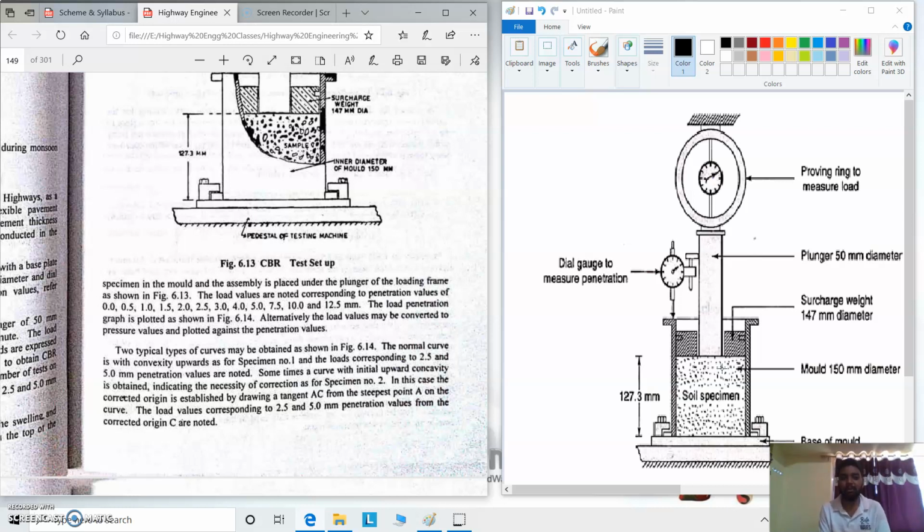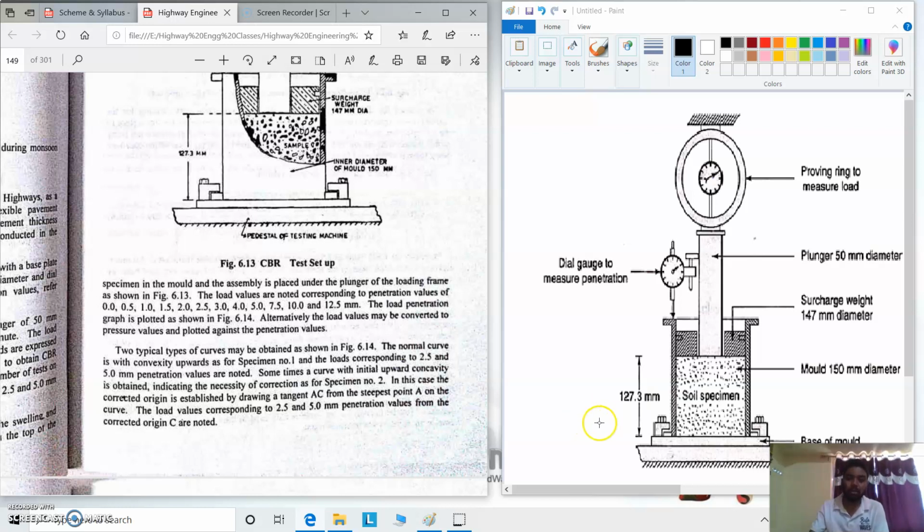After that, the load values are noted corresponding to the penetration values, that is, how much penetration takes place in the soil specimen for the load, at 0, 0.5, 1, 1.5, 2, 2.5, 3, and so on up to 12.5 mm penetration. The load penetration graph is plotted after the test is over. So once the load starts, from 0 mm to 12.5 mm penetration, for every 0.5, 1, 1.5 up to 2.5 mm penetration, the load values will be noted down.